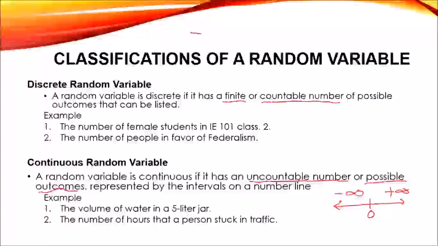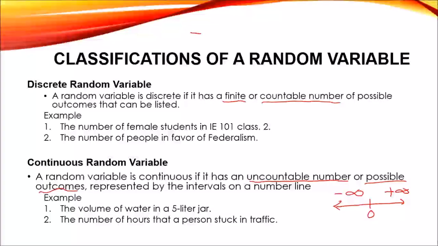Like for example, in continuous random variables, some of the examples are usually in measurement, no? Examples include height, weight, the amount of sugar in an orange, the time required to run a mile. So they are more on measurements.